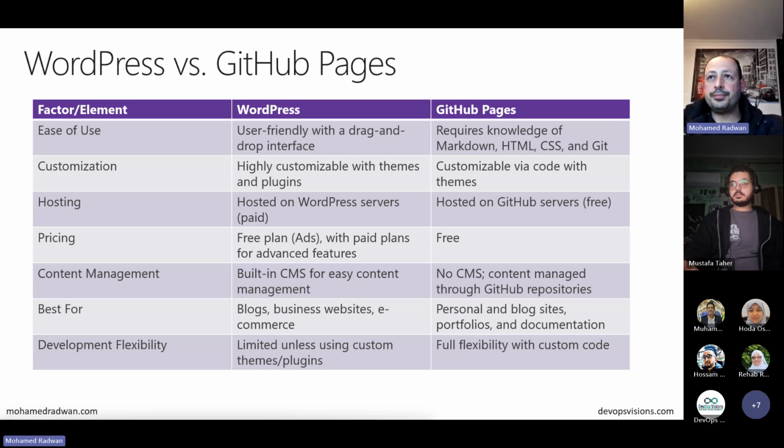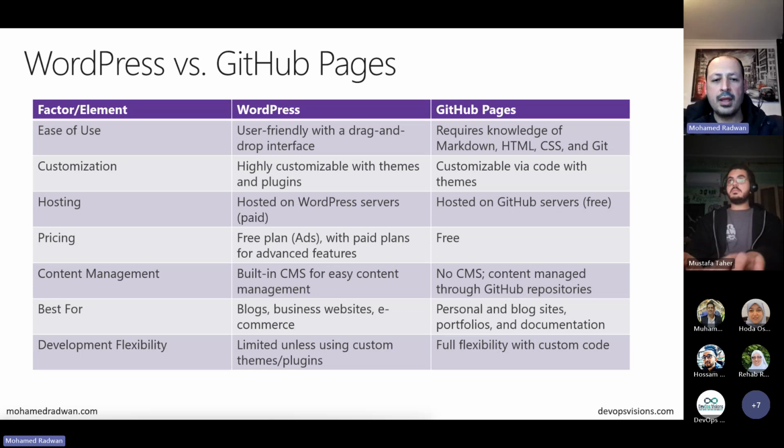With customization, WordPress is highly customizable using themes and plugins. With GitHub Pages, there are themes, but any customization requires additional coding skills. For hosting, WordPress uses a database, which is MySQL, and PHP files, which require a web server.